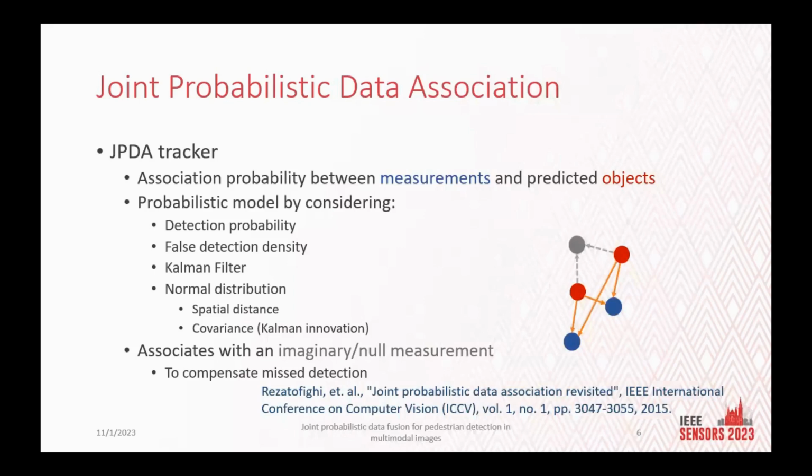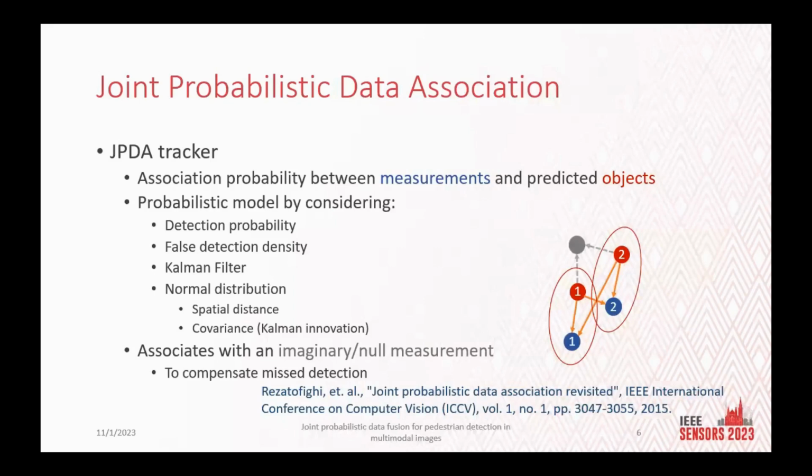So this should be associated with this one, but this is not the real case because it depends upon the tracking as well. So in this example, the normal distribution is created somewhere here, using the innovation Kalman matrix, and then the association is done accordingly.